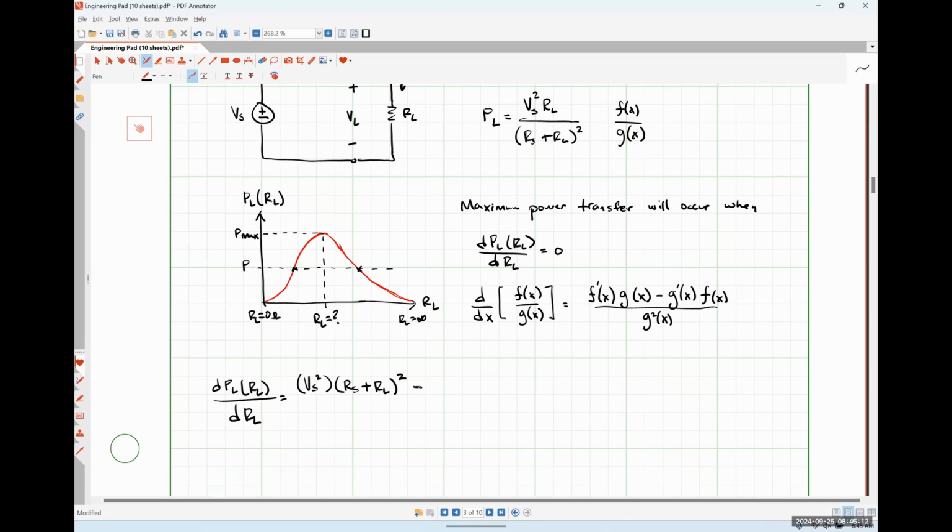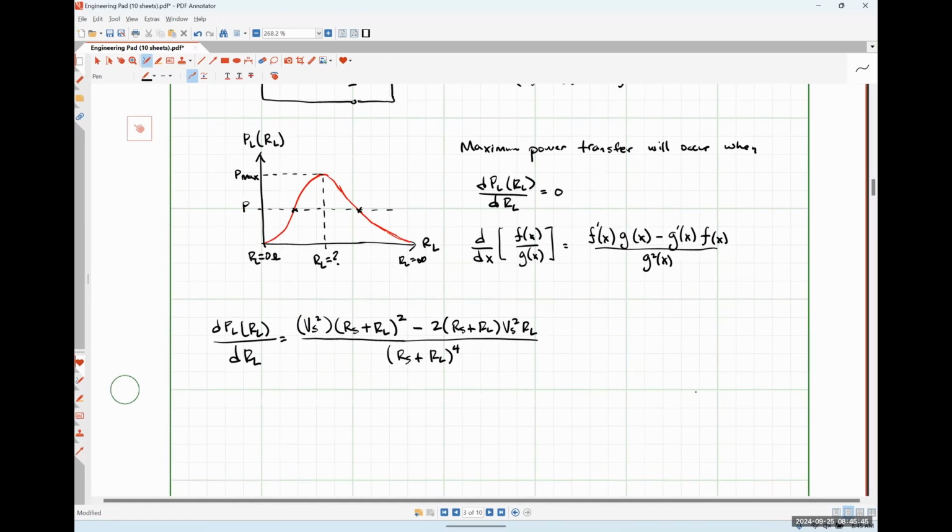So I believe applying the chain rule, that's just going to come out to twice Rs plus RL, multiplied by my numerator, which is Vs squared times RL. And then all of this is going to be over Rs plus RL to the fourth power, if I did my derivatives correctly, which is always suspect as well.